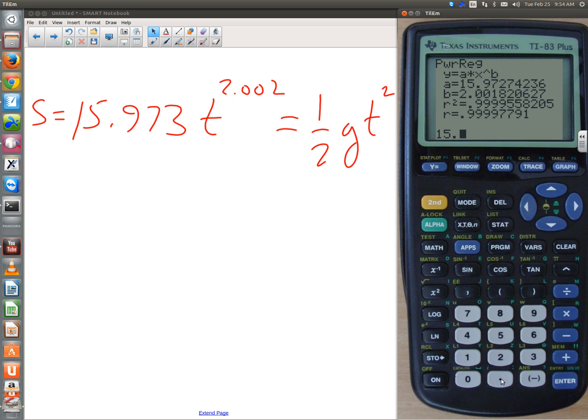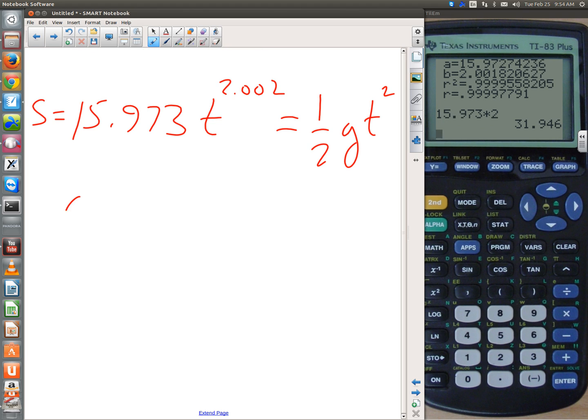So 15.973 times 2. So g is about 31.946 feet per second. Right. Don't say seconds squared. It's not an area. Okay.